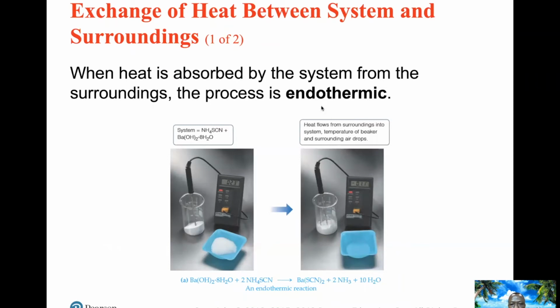That means it is an endothermic reaction. If the temperature is going down, it is endothermic, which I know is kind of confusing.